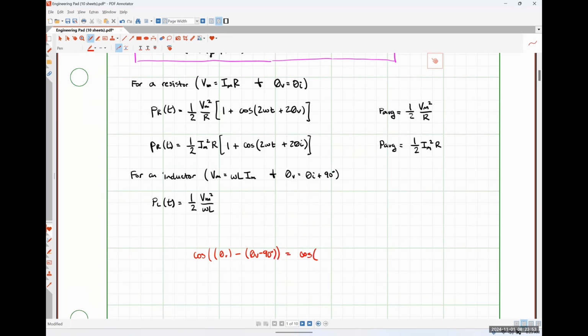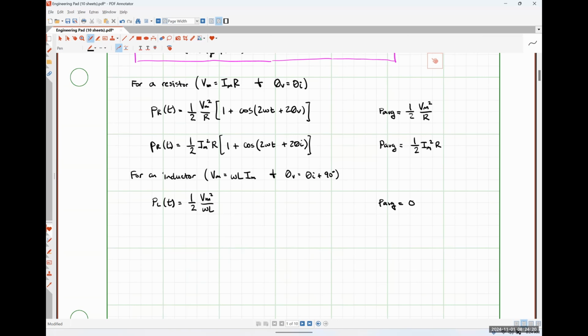So this is the same thing as cosine of positive 90 degrees, just by doing a simple substitution, okay? What's the cosine of 90 degrees? 0, okay? So what does that mean, jumping a little bit ahead, for our average power? The average power absorbed by an inductor is 0.